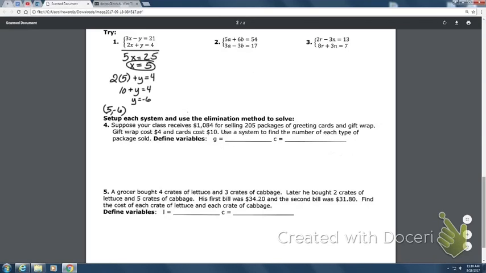First problem, you should have gotten 5, negative 6. So on this, you should have gotten that R was 2 and N was negative 3.